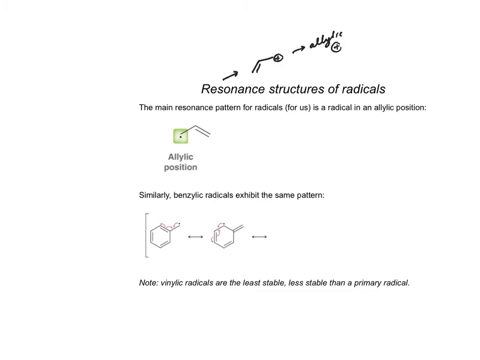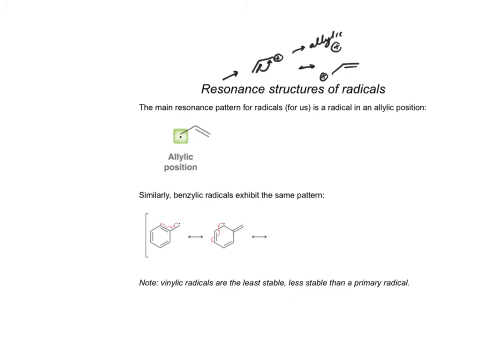If we have a pi bond and a positive charge in an allylic position, the electrons of that pi bond can fill that hole. And another resonance structure of this is this one, okay? So again, that was a pattern that we learned for heterolytic bonds, for ionic-based mechanisms.